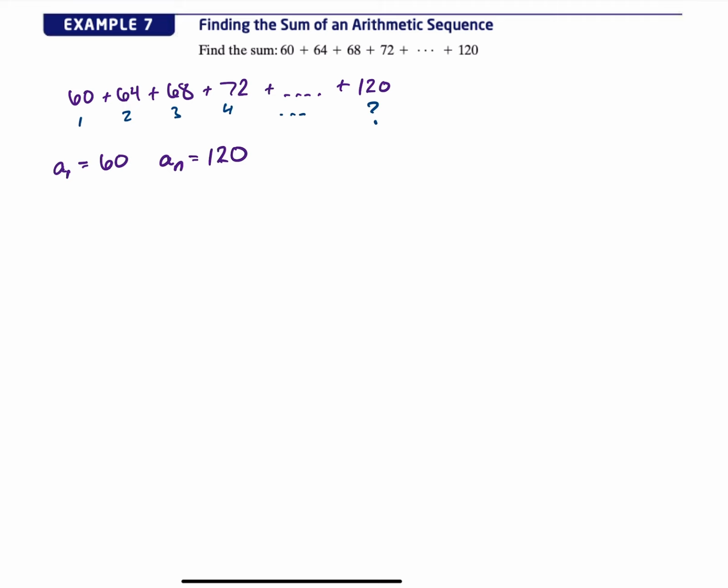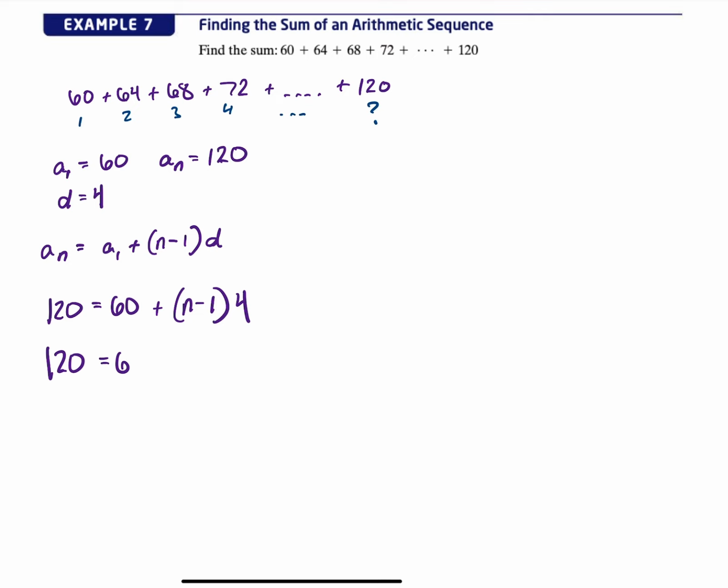Well, let's return back to our nth term formula, which is a sub 1 plus n minus 1 times d. It looks like our common difference is 4: 60, 64, 68. So let's say a sub n, in this case it'll be 120, should be equal to our first term, which is 60, plus n minus 1, don't know what n is, times the common difference of 4. Now we can just solve for n.